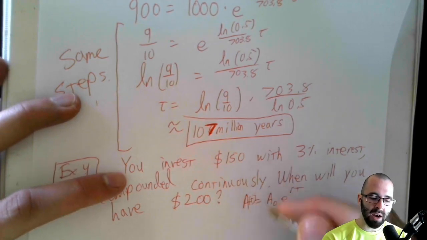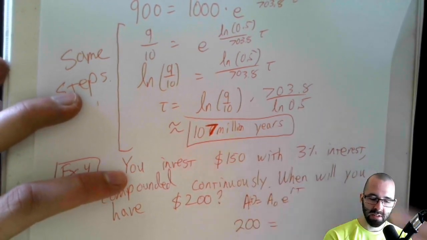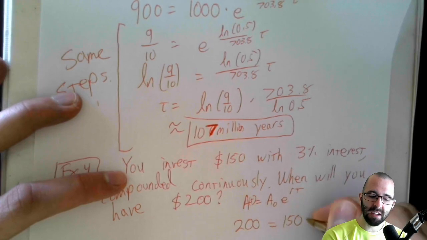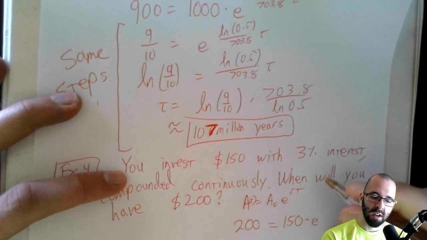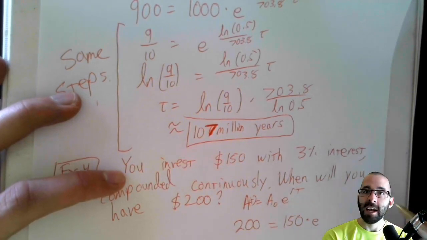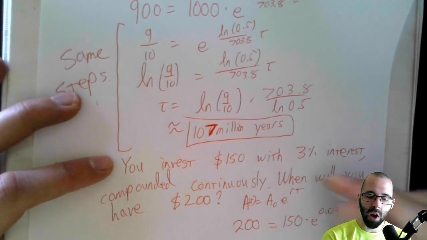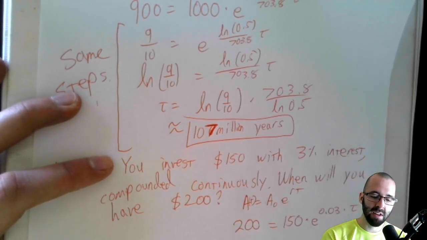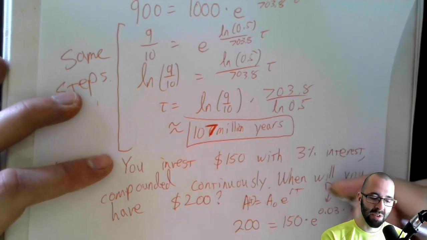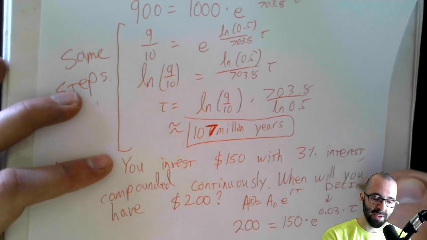That's when the amount is $200. We start with 150. Our interest rate is 3%. And remember, 3% is a decimal. 0.03 is what we plug in. Do not plug in 3 here. That would be a 300% interest rate. So please remember, decimal.